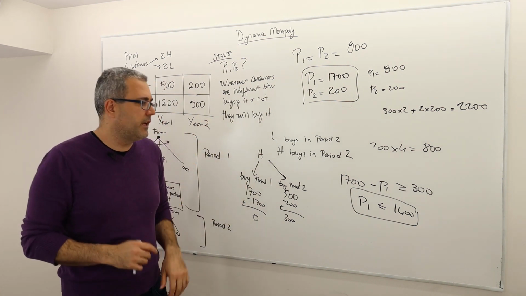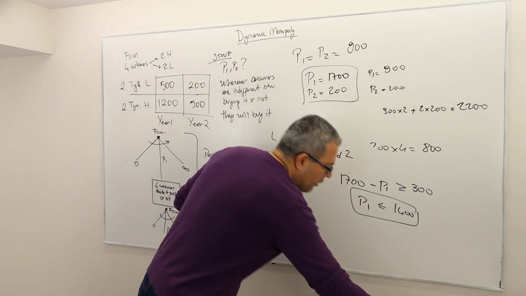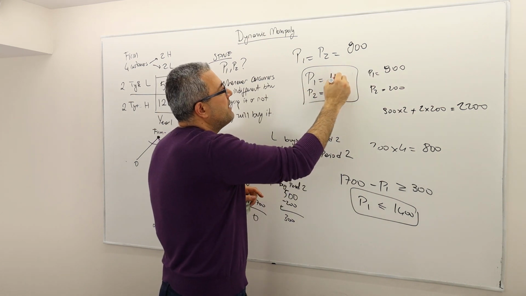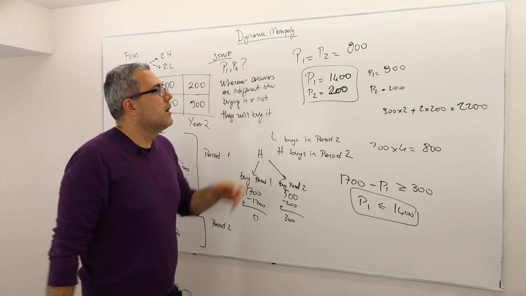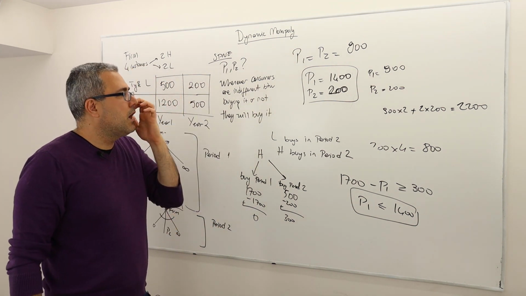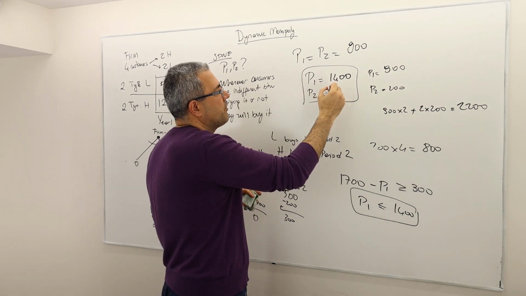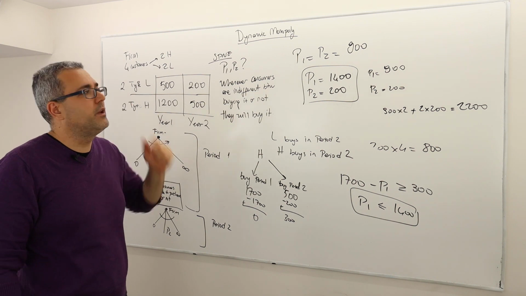Okay? So this is what I'm going to assume. So that means I'm going to look at the third scenario. And this is the scenario, 1400 and 200. What about this price? Meaning firm 1 charges $1,400 and everybody believes that it's going to charge $200 in period 2.